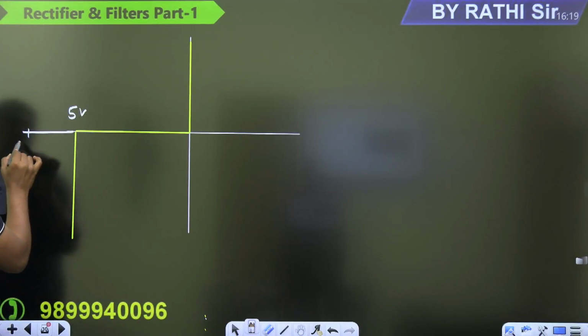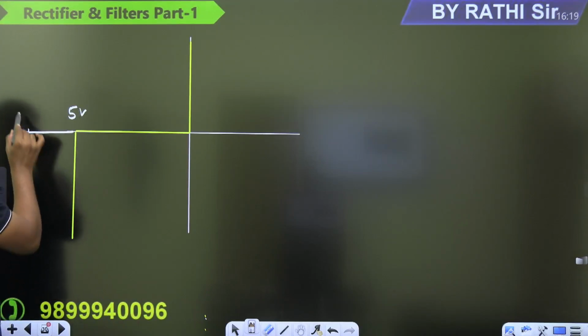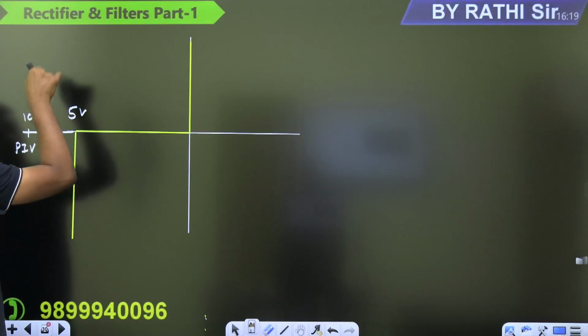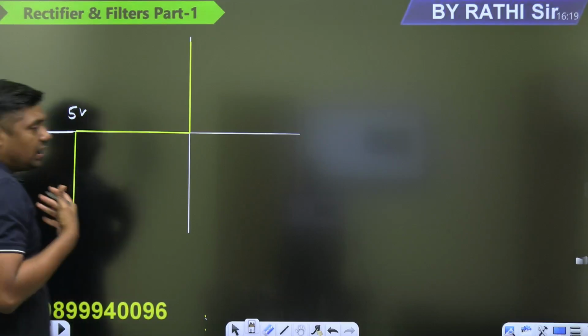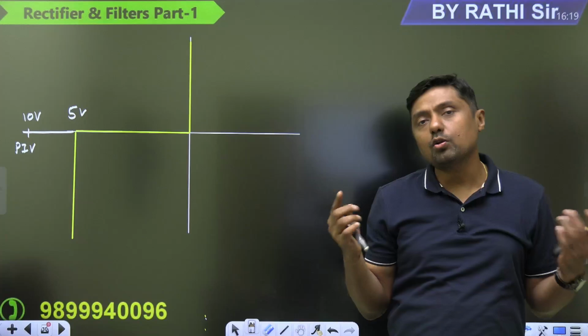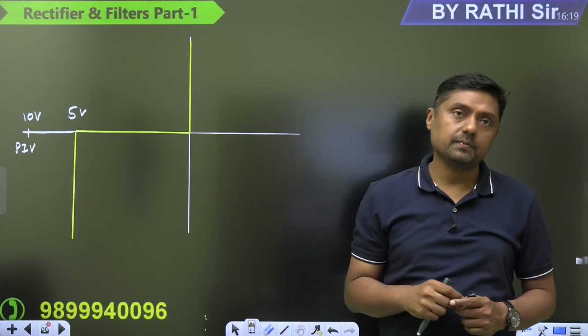And PIV is what? 10 volt. My dear friend, before reaching the 10 volt, at 5 volt it will break down, and it will allow the current in the reverse direction. And the circuit will not work like a rectifier.